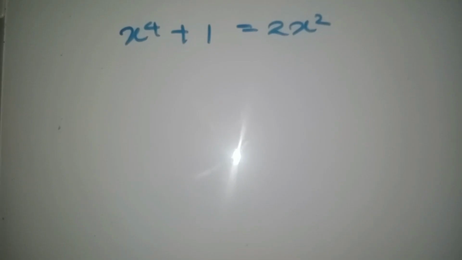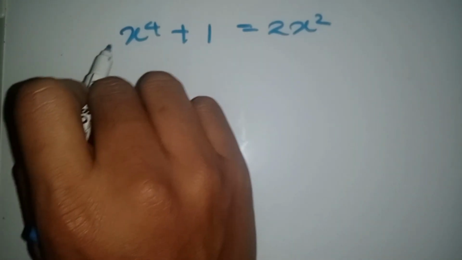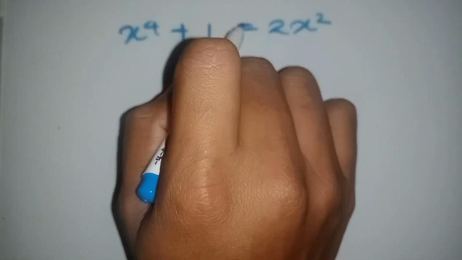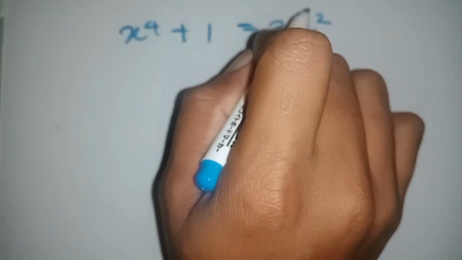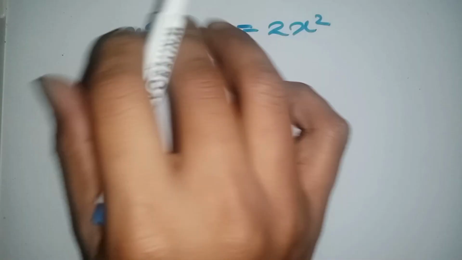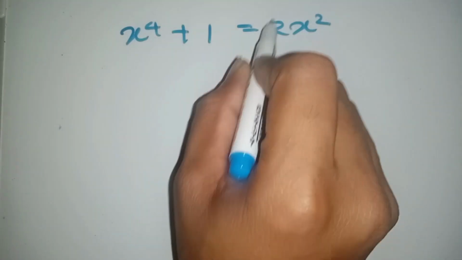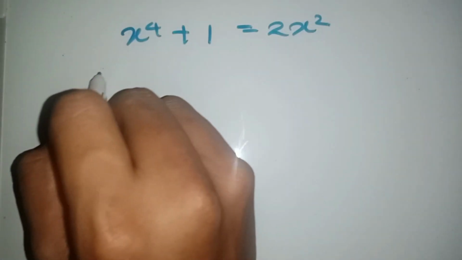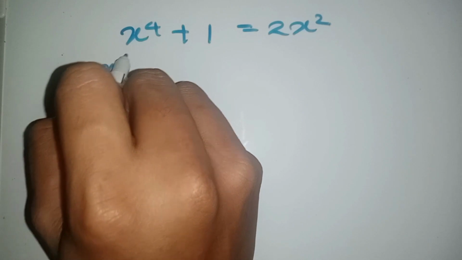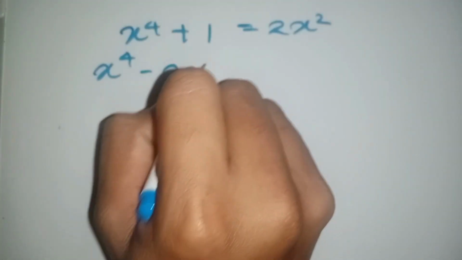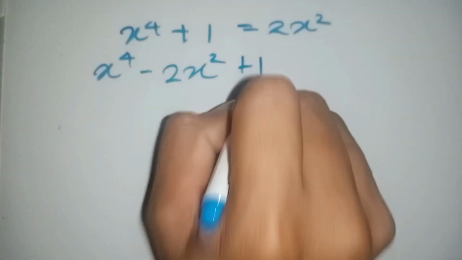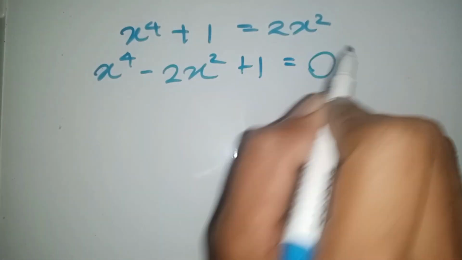Now you know how to take this expression, x fourth power plus 1 equals 2x second power. Then I want to simplify this expression to find the x value. I can take this 2x second power to this side: x fourth power minus 2x square plus 1 equals 0.